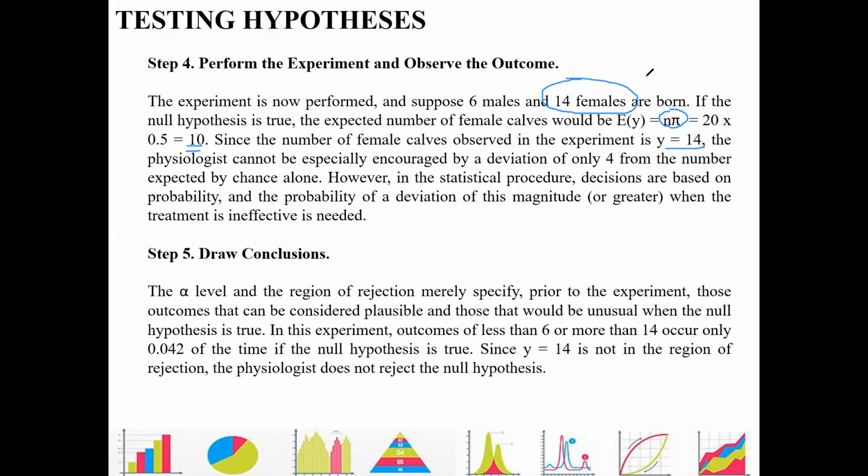So the physiologists cannot be especially encouraged by the deviation of only 4 from the number expected by chance alone. So, ibig sabihin niya, hindi natin siya pwedeng agad-agad na sabihin na may effect kasi 14. A deviation of 4 is not sufficient to say that the acid had an effect.